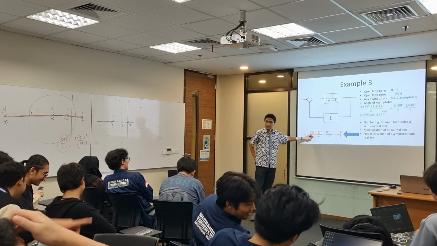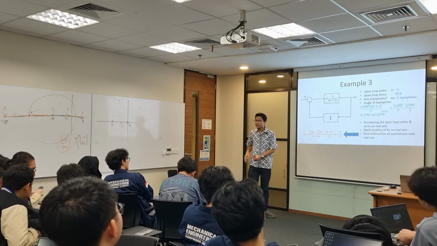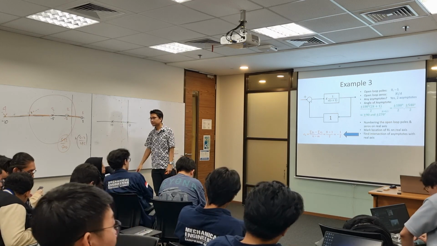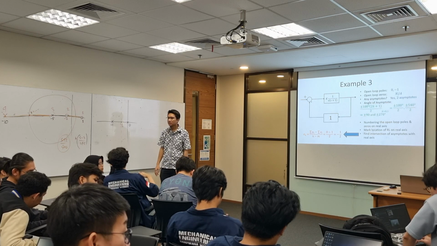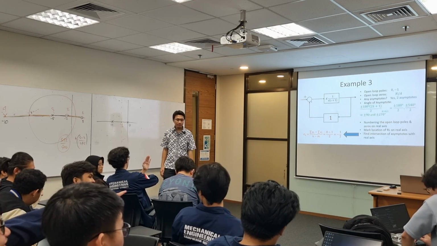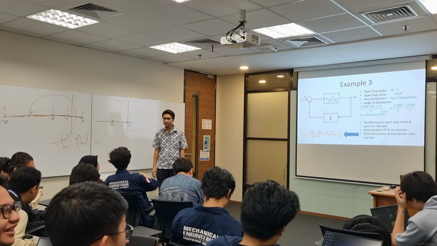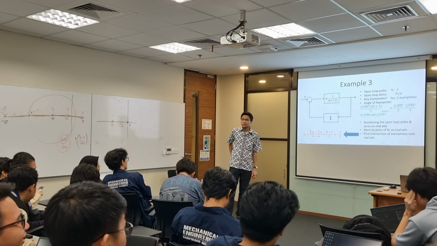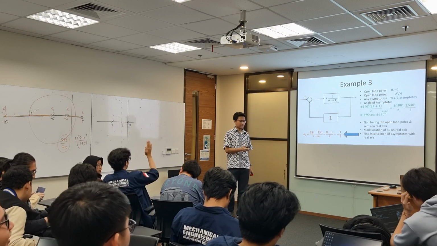Sigma A is the intersection between the asymptote and the real axis. It's just a notation. Yeah. Okay. Correct.